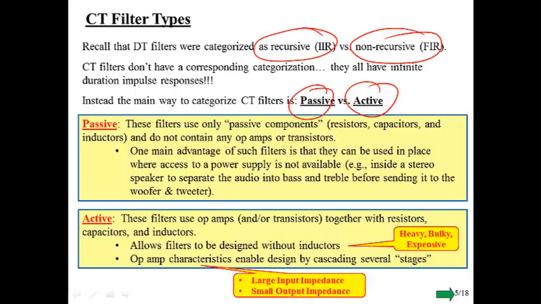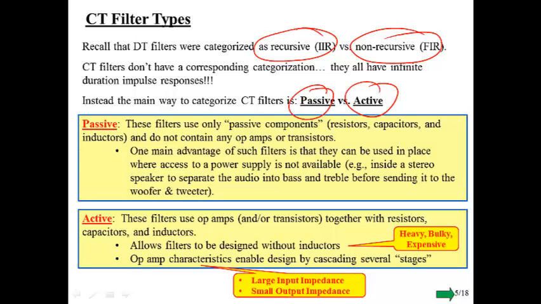Now, active filters, you do have to provide power to bias the transistors and power up those op amps, but they do have some advantages. You can actually design active filters with just resistors and capacitors, and there's no need for any inductors. And that's good, because inductors are frowned upon in miniature electronics.